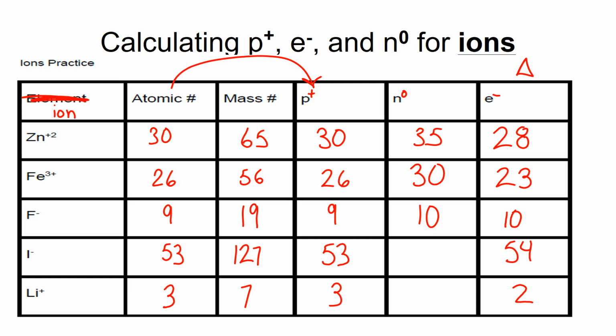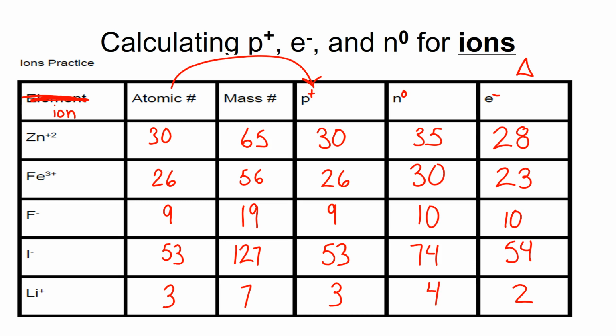And I don't feel like doing that one in my head. All right, and then 7 minus 3 is 4.